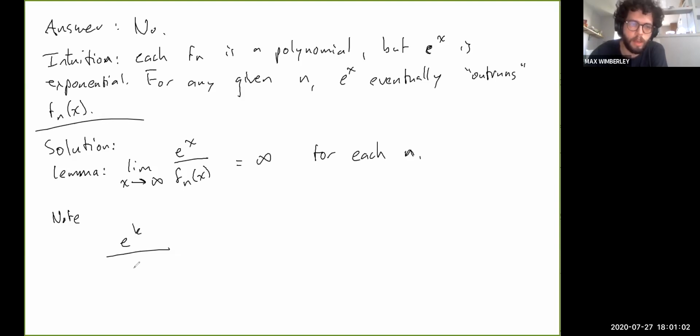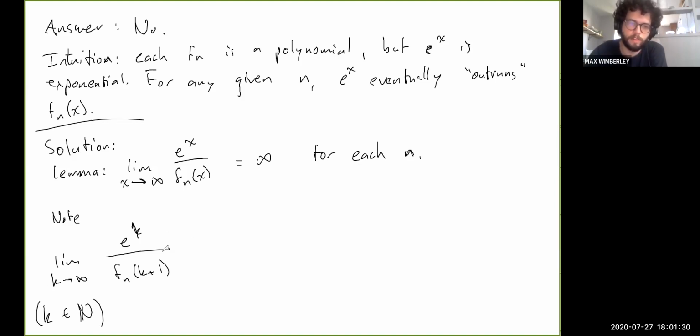So e to the k over Fn of k plus 1, the limit as k approaches infinity, where k is a natural number.